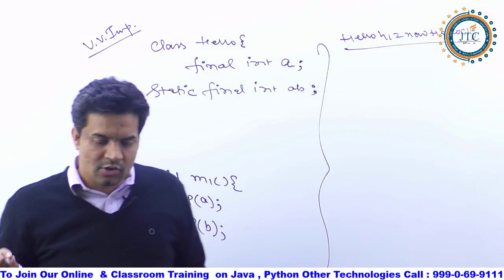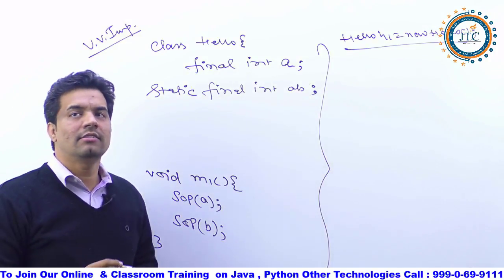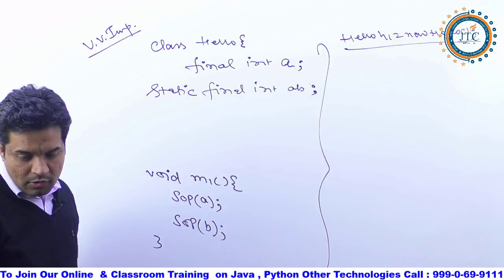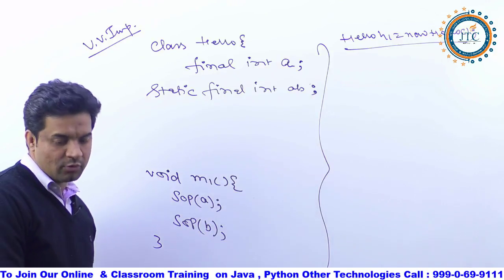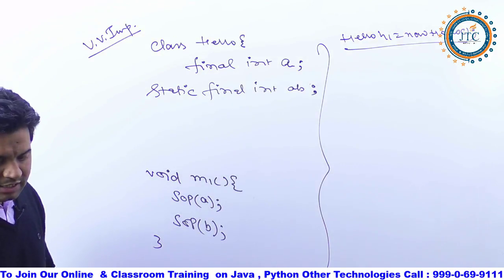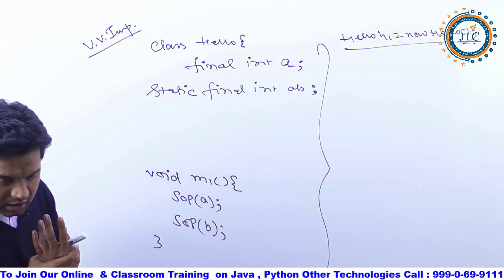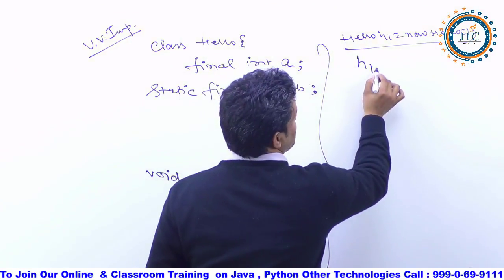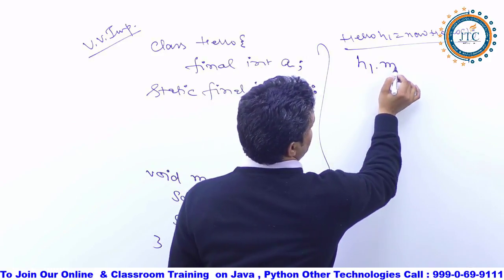So I'm creating one object, and the object name is h1, h1 is equal to new hello, and here I am trying to print h1 dot m1 method.